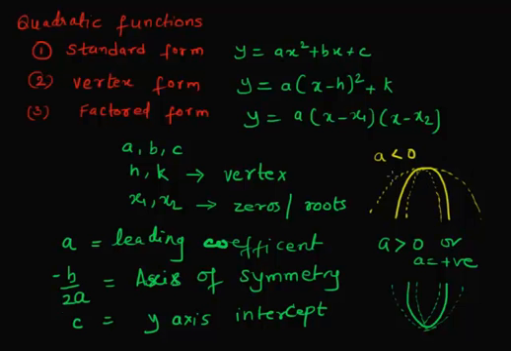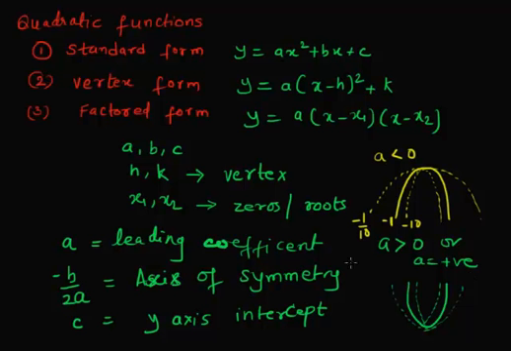Minus 1 by 10 corresponds to this graph and minus 10 corresponds to the graph which is inside. This corresponds to minus 10, this corresponds to minus 1 by 10 if this graph corresponds to minus 1. So the important thing about the leading coefficient is if a is negative, the graph is open down. If a is positive, the graph is open up.